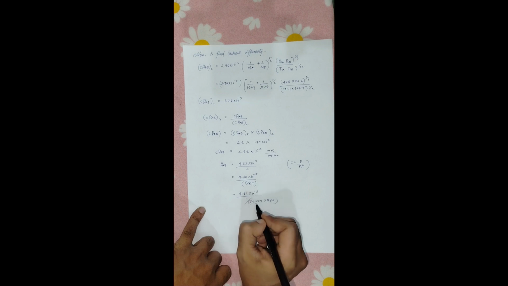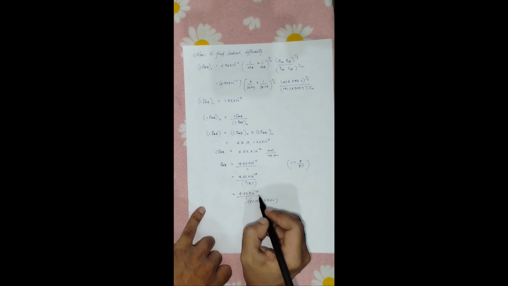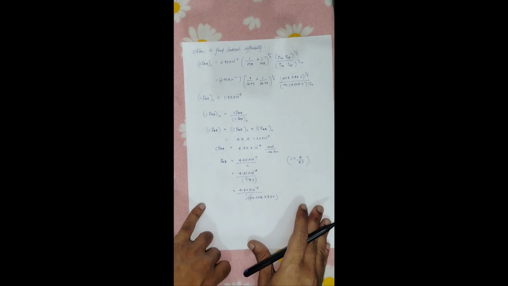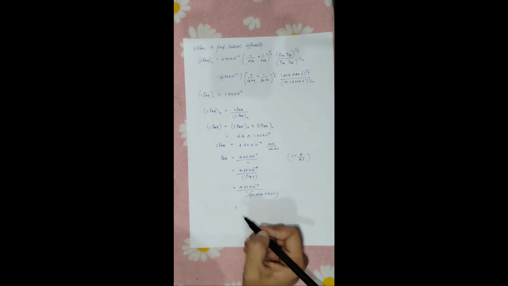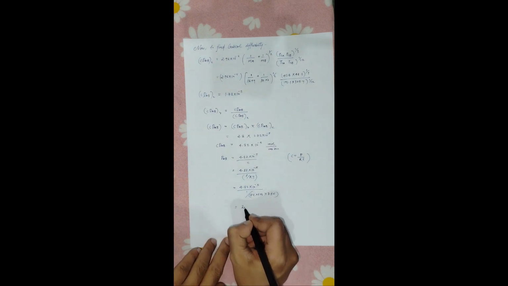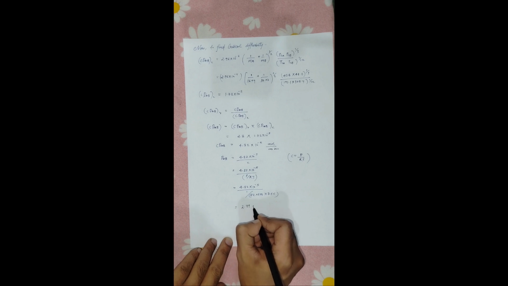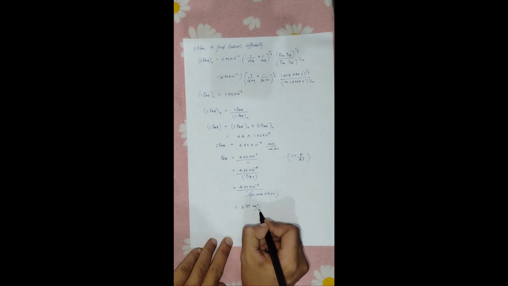This is our universal gas constant, and this is temperature in Kelvin. So after substituting in the calculator, we get 2.99 centimeter square per second.